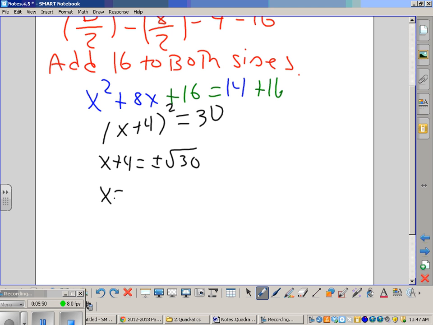I want to put this in the right form, so I want to have the a first. So negative 4 plus or minus root 30. That's going to be my answer. And so I've just solved this quadratic. If you had thrown it into the quadratic formula, you would have gotten the exact same answer.